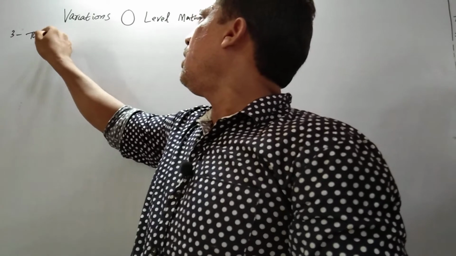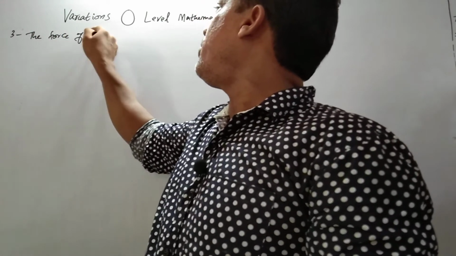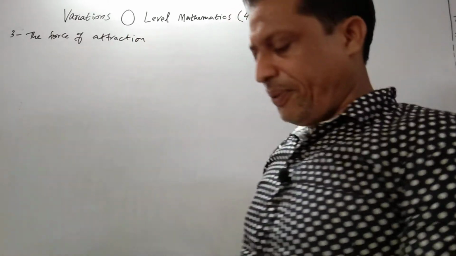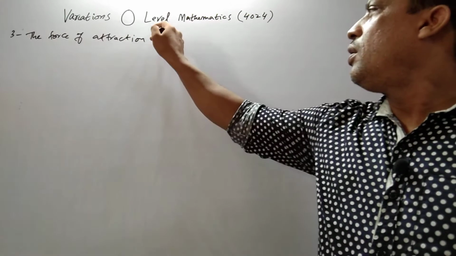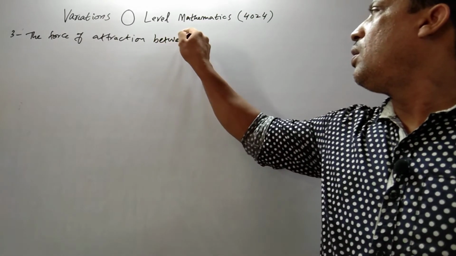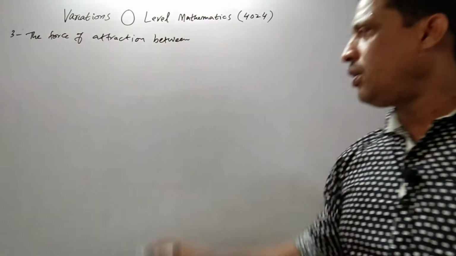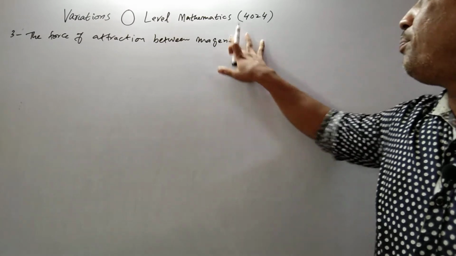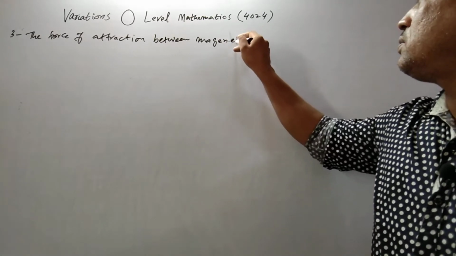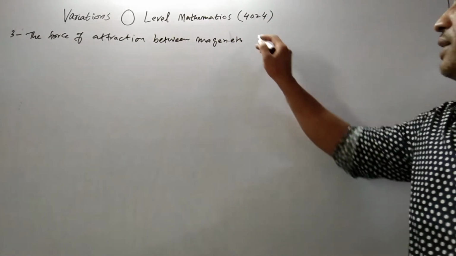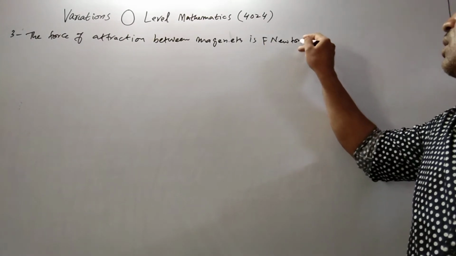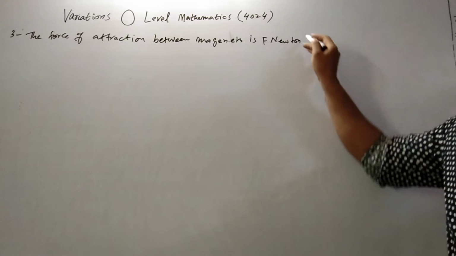The force of attraction between magnets is F newtons.